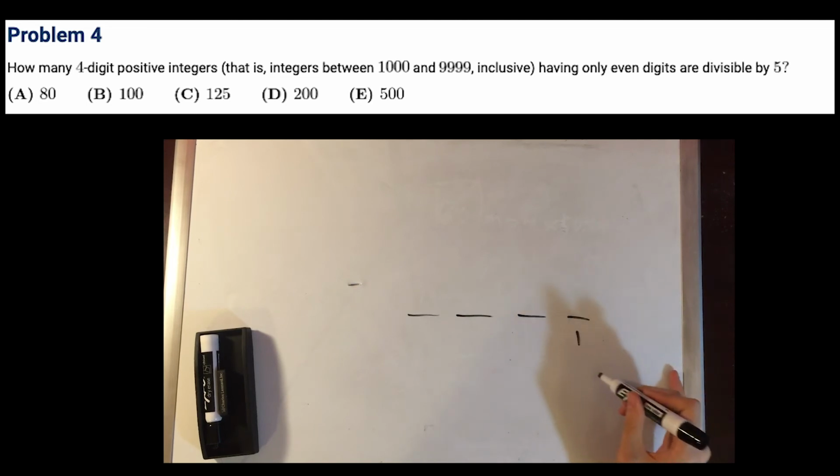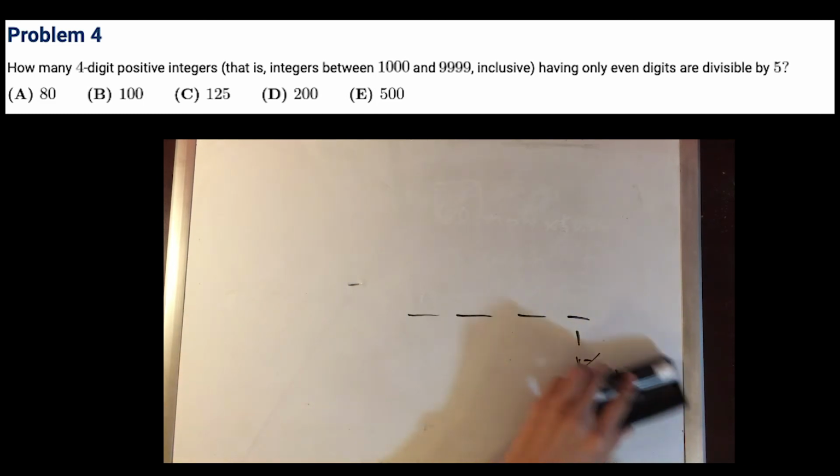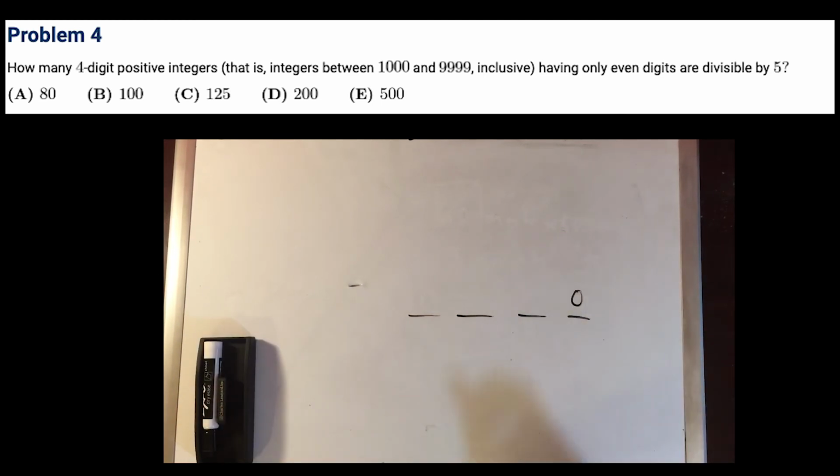So this last digit must be 5 or 0. But the other thing we're told is that the number has to have only even digits, which means that 5 is immediately crossed out because 5 is an odd number, but 0 is an even number. So our last digit must be 0 for it to be divisible by 5 and for all its digits to be even.